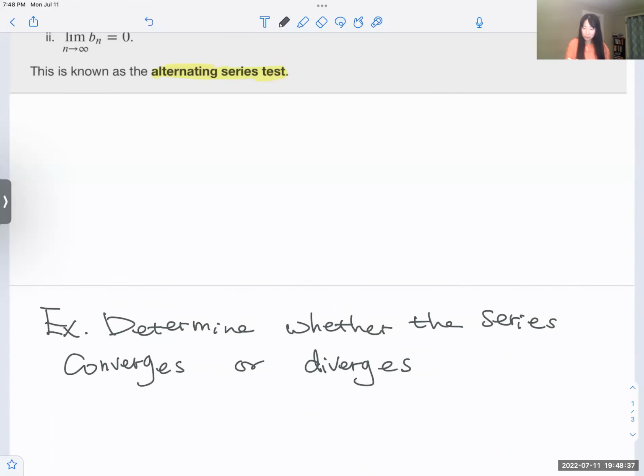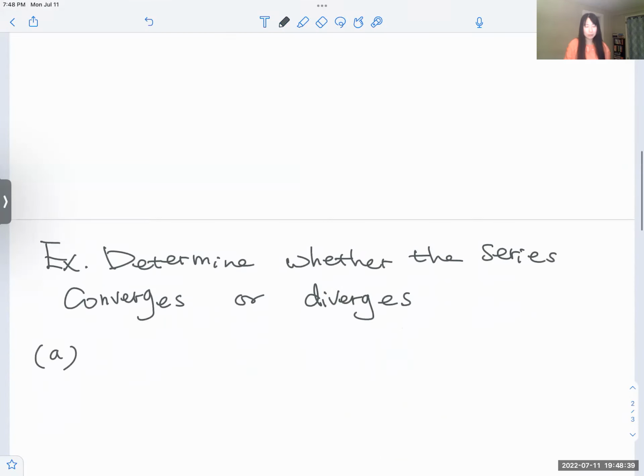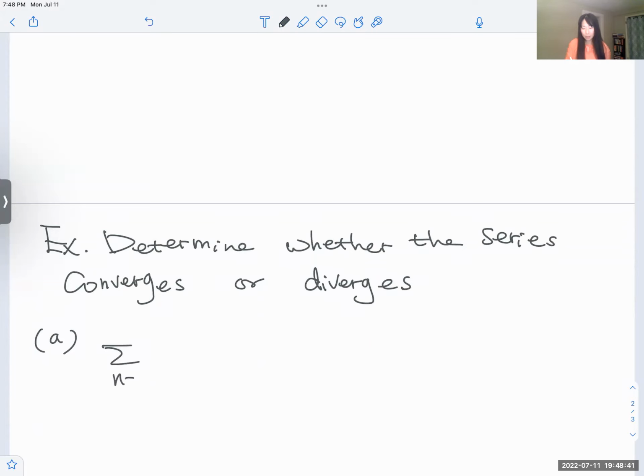The first one: we have the series from n equal to 1 to infinity of negative 1 to the n plus 1 over n squared.